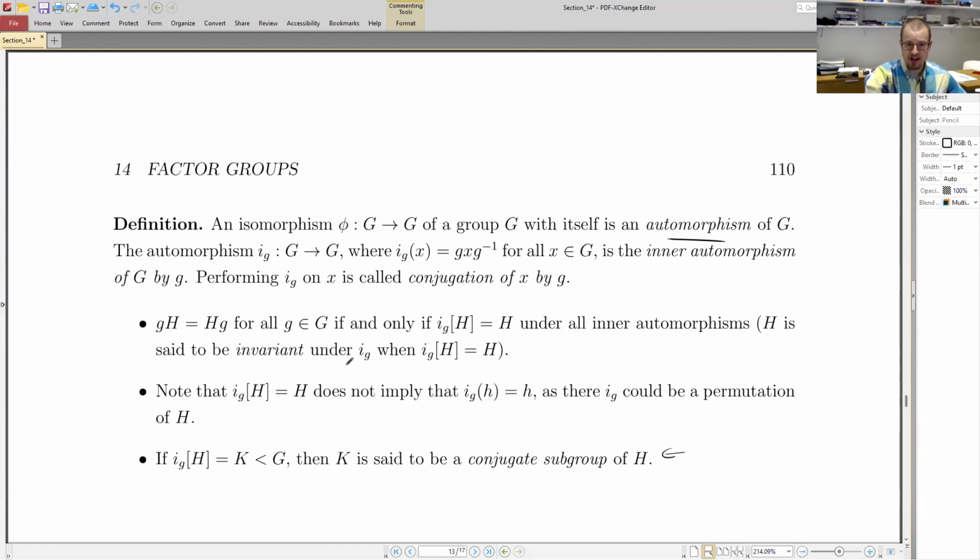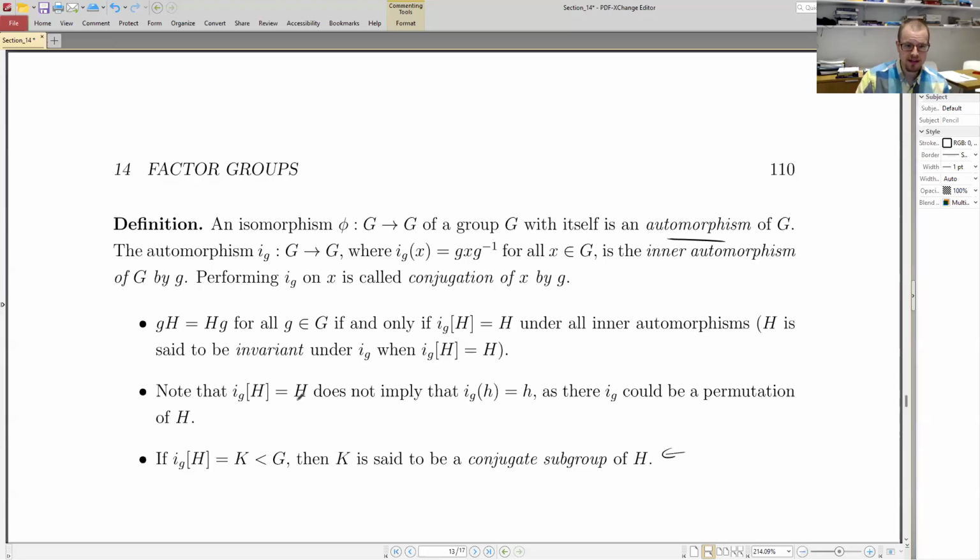So H is said to be invariant under this. That is, the image of H is H. So that is the case for all normal subgroups. We haven't said those words explicitly, but we've given all the conditions for that. The image of a normal subgroup under an inner automorphism is the same subgroup.